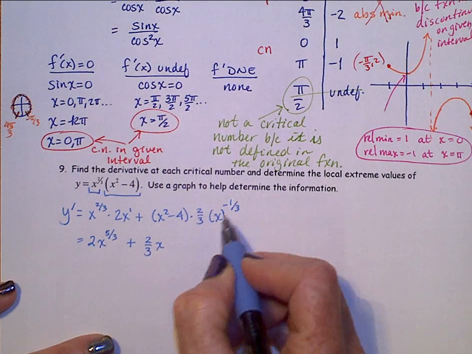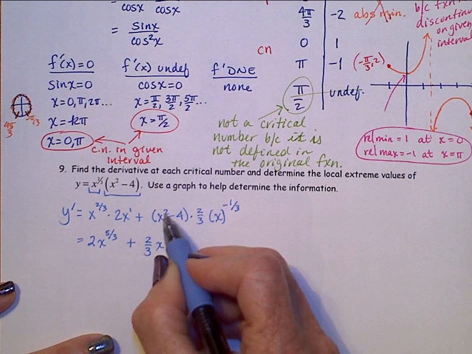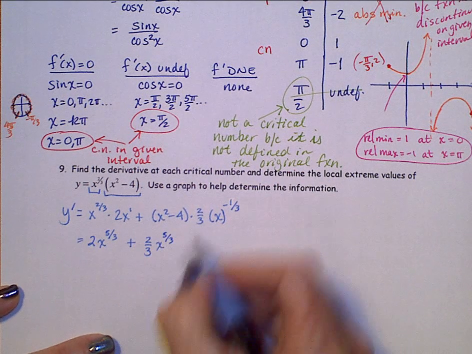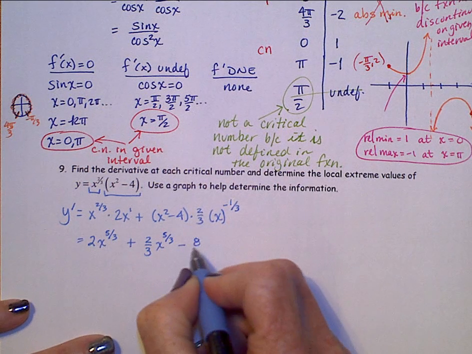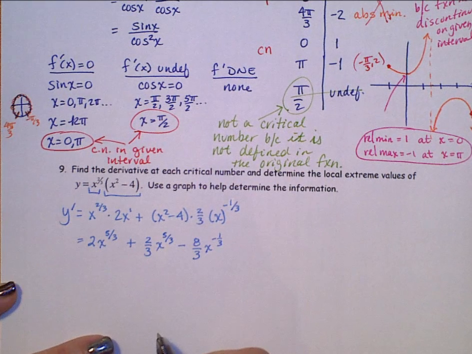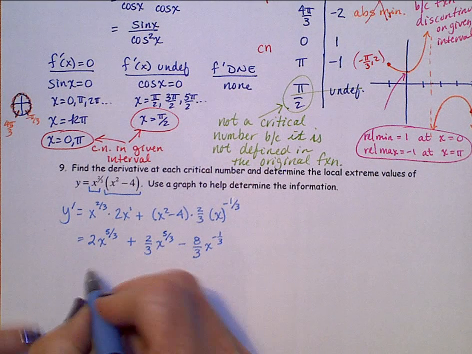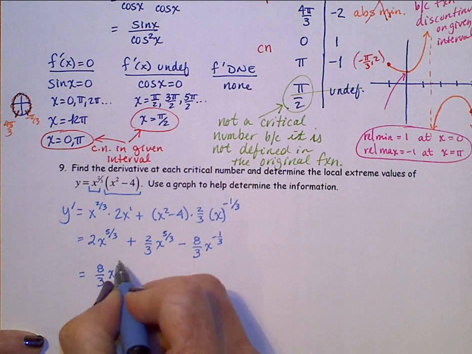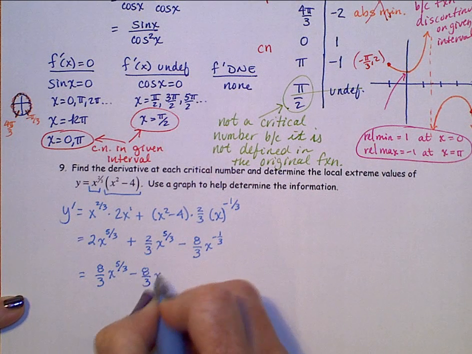So let's go again. So 2/3 x to the negative 1/3, distribute that through, that's 6/3, and a negative 1/3, that's 5/3, and a 2/3 x to the negative 1/3 times this 4 is minus 8/3 x to the negative 1/3. All right, these two right here are like terms, so we can add those. 2 and 2/3, that's 8/3 x to the 5/3 minus 8/3 x to the negative 1/3.